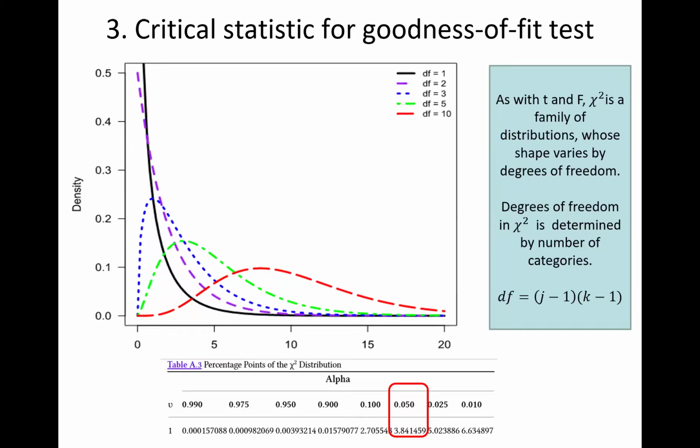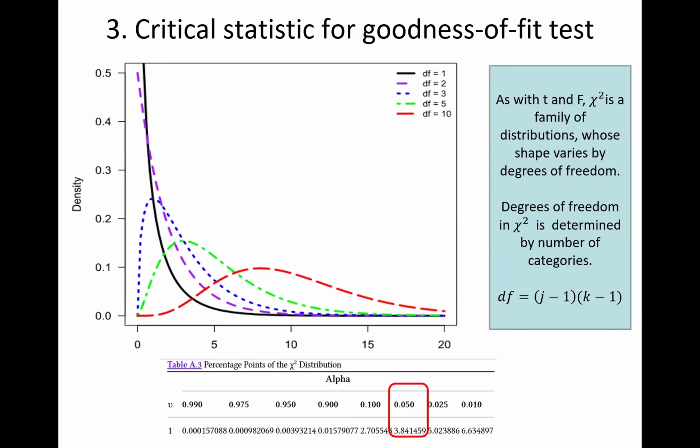Now, each group has only two categories. So J minus 1 is 1, 2 minus 1, and K minus 1 is 1, 2 minus 1. So 1 times 1 is 1. So we're going to have the same degrees of freedom as we did in the previous example. 1 degree of freedom with alpha of 0.05 is going to give us a critical statistic of 3.84.